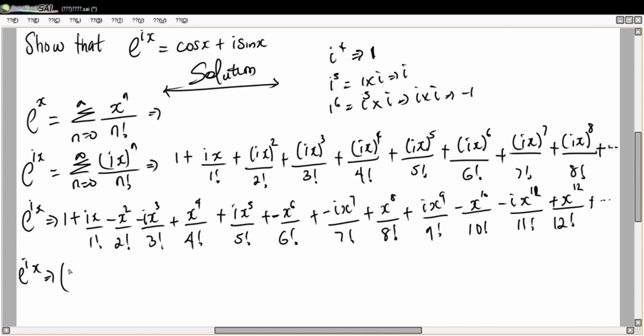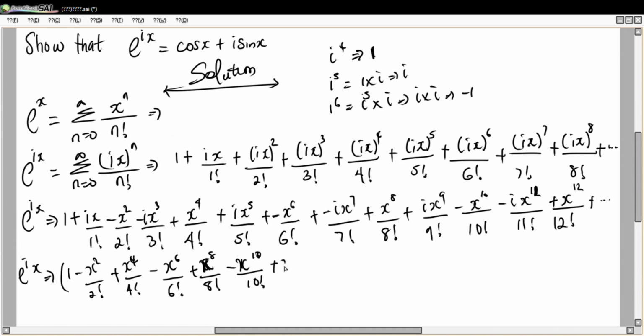So the real ones: 1 minus x squared over 2 factorial plus x raised to the power 4 over 4 factorial minus x raised to the power 6 over 6 factorial, plus x raised to the power 8 over 8 factorial, minus x raised to the power 10 over 10 factorial, plus x raised to the power 12 over 12 factorial.